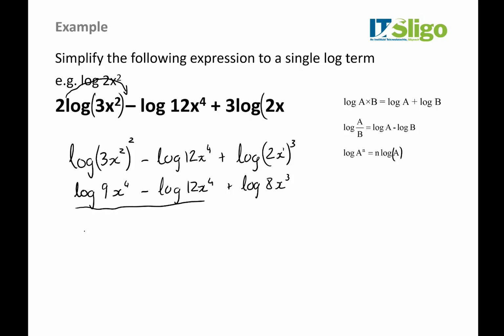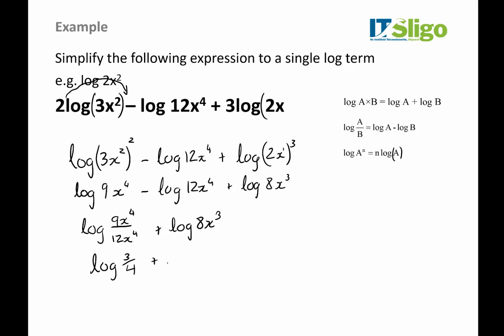We have a divided by b, so this will be the log of 9x to the power of 4 divided by 12x to the power of 4. So that'll give me the log of 3 over 4 plus the log of 8x cubed. He's waiting his turn now.